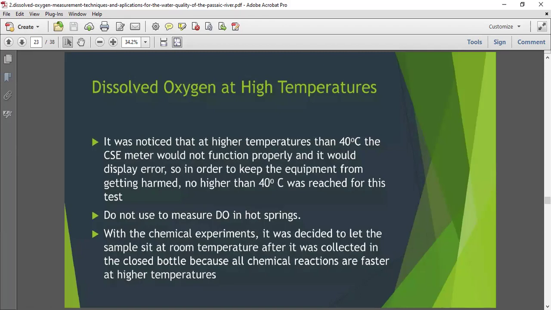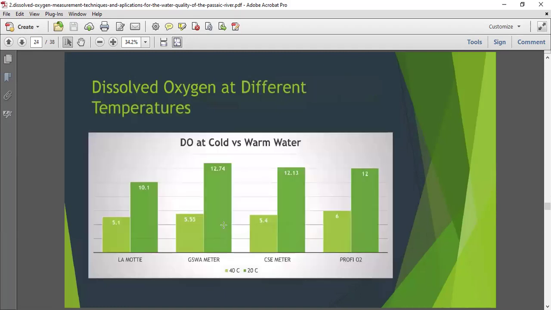With the chemical experiment, it was decided to let the sample sit at room temperature after it was collected in the closed bottle, because all chemical reactions are faster at higher temperatures. Some of the comparisons of the different types of meters used for dissolved oxygen, cold versus warm water.